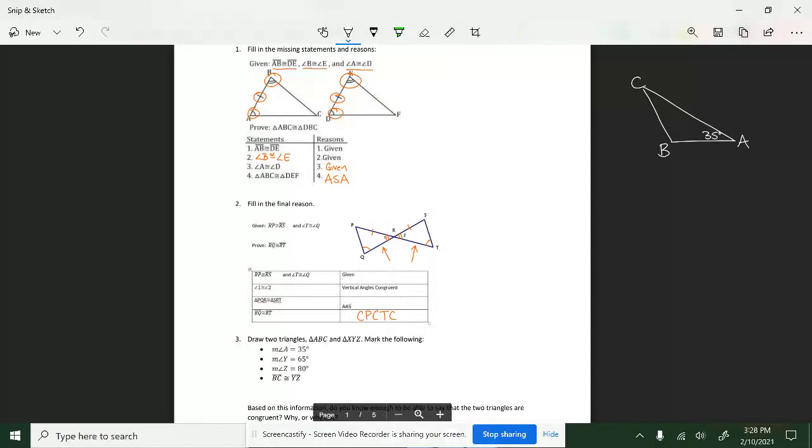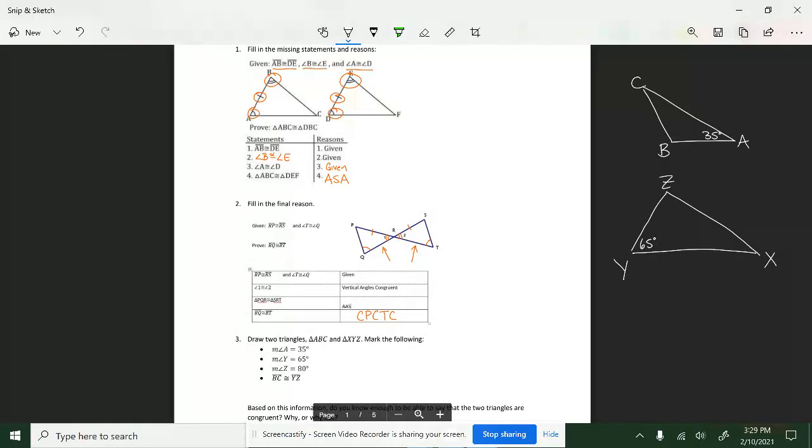And I also know that when I draw the third side, side YZ, it's got to be congruent to BC. So I'm going to try to make it look about the same length as BC. And this is pretty decent here. So we've got X, Y, Z. And we know that angle Y is 65 degrees. So that looks pretty close.